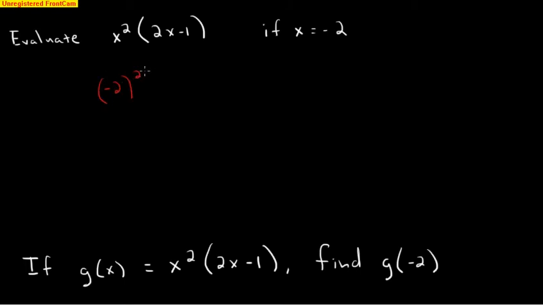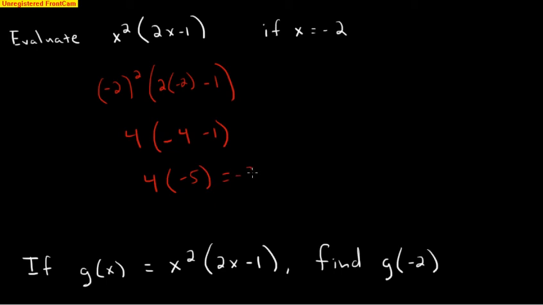Negative 2 squared times 2 times negative 2 minus 1. Negative 2 squared is positive 4. 2 times negative 2 is negative 4. 4 times negative 5 equals negative 20.